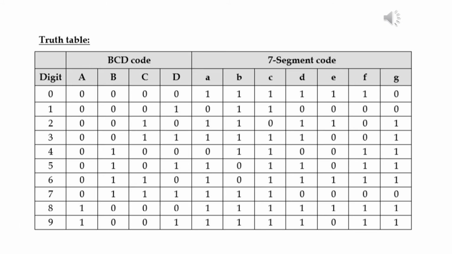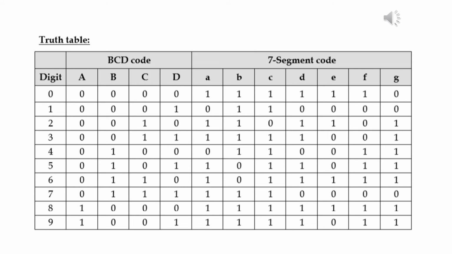Here we are going to discuss the truth table for the BCD to 7 segment display decoder. The inputs are considered from the digits 0 through 9. The input is given in the form of BCD to the decoder, and the decoder will convert that into a 7 segment display. For displaying the digit 0, the segments A, B, C, D, E, F should be activated and G should be deactivated.